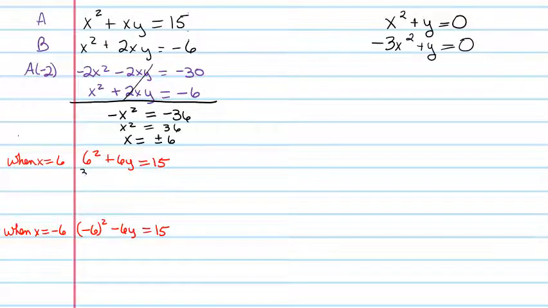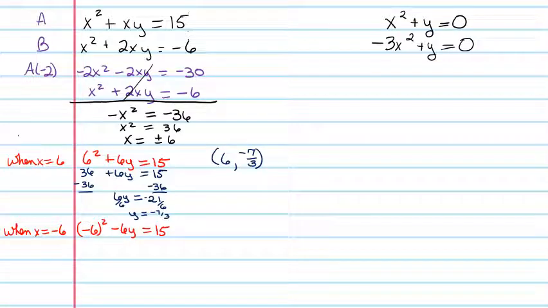Okay, so this will give me 36 plus 6y equal 15. We'll subtract 36 on both sides. And I get 6y is equal to negative 21. Divide by 6, and I'm going to get y is negative 7 over 3. So when x is 6, I'm getting negative 7 over 3. Alright, for the next one, I'm still going to have 36 minus 6y equal 15.